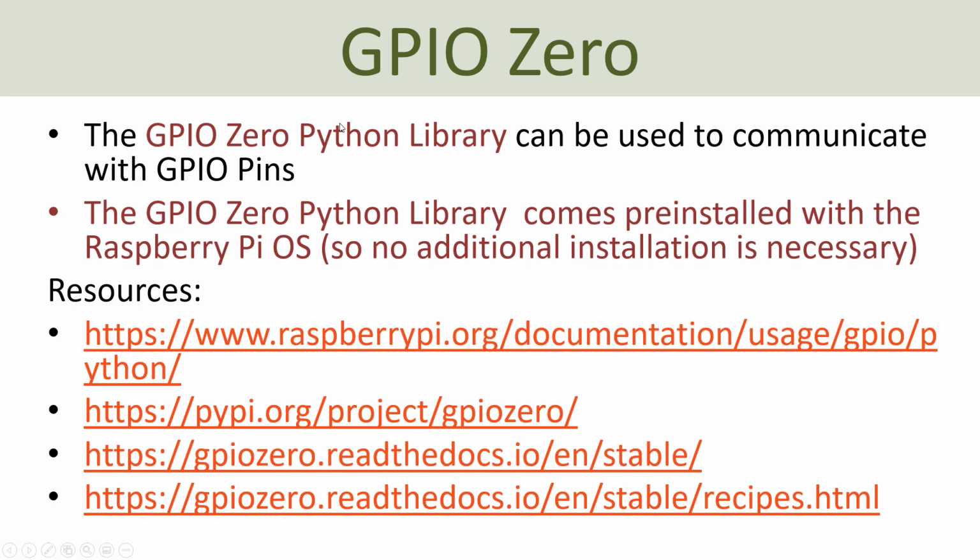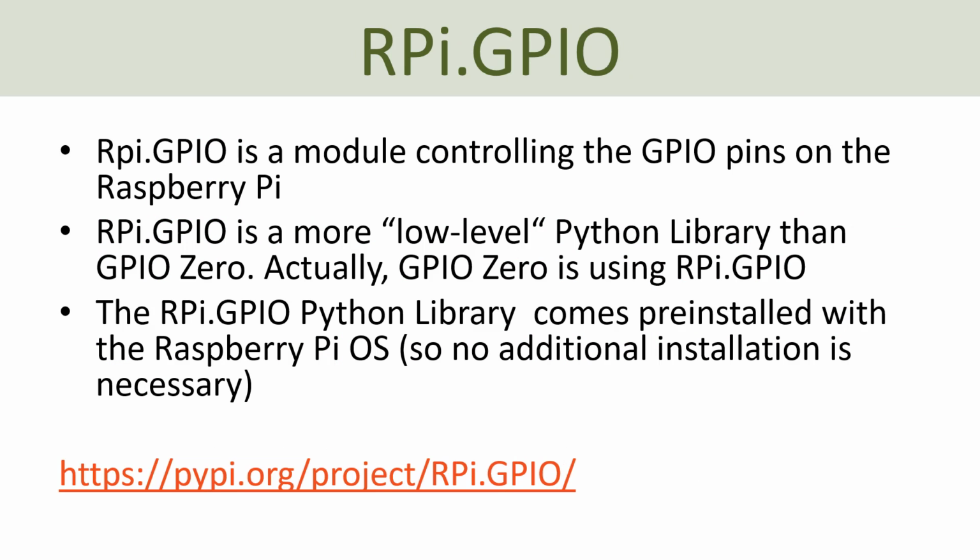In order to use these general purpose input-output pins in Python, we typically need to use an external library. The most used library is called GPIO Zero. This is an external library that you can use in order to control or read values from these pins on your Raspberry Pi device. Another library is called RPi.GPIO.